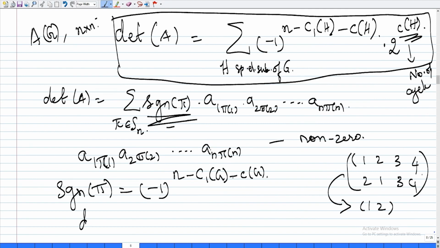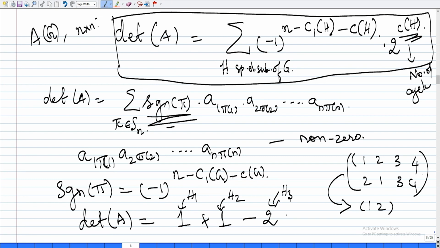So the determinant would be nothing but 1 plus 1, for H1 and H2, and minus 2 for H3. So we can see that the determinant of this adjacency matrix is 0. That you could have also seen from the expression there.